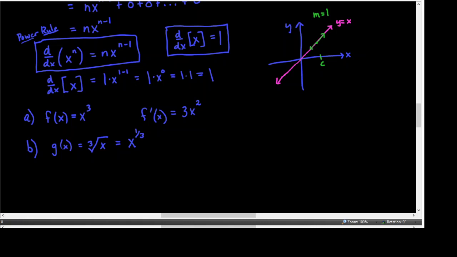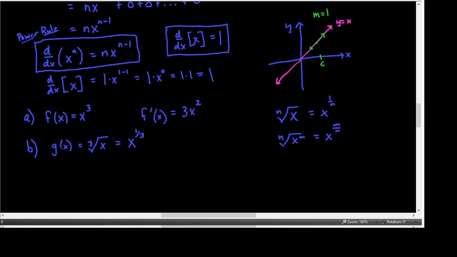So let me over here remind you of some algebraic things that you learned in college algebra. The nth root of x is x to the 1/n. The nth root of x raised to the mth power is x to the m/n.